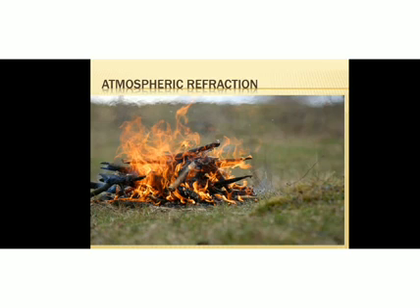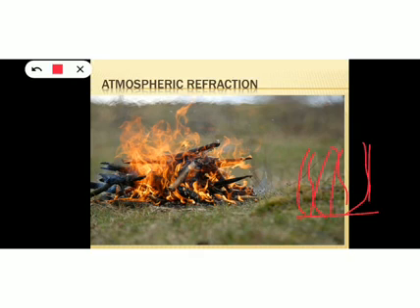See here what is happening. The air just above the fire becomes hotter than the air further up. Okay, see, if we consider here is the fire, and the air just above the fire is hotter than the layer of air just above it.